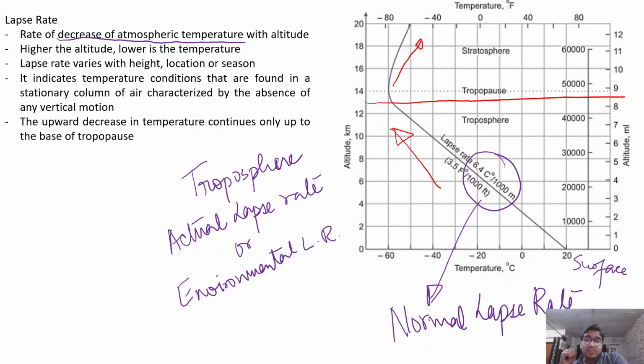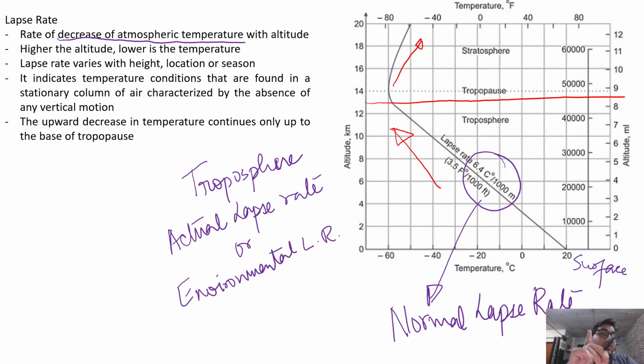Means that as we go from lower levels of troposphere to higher levels, there is a consistent drop in the temperature, which means that the direct source of atmospheric heat is closer to the earth's surface.